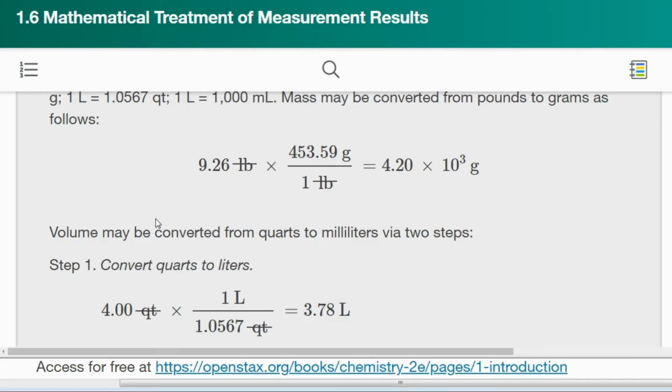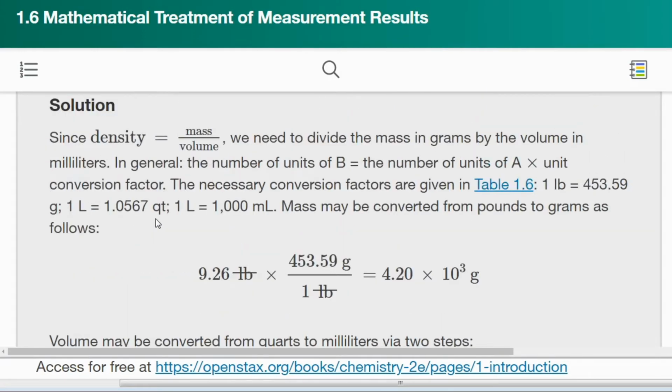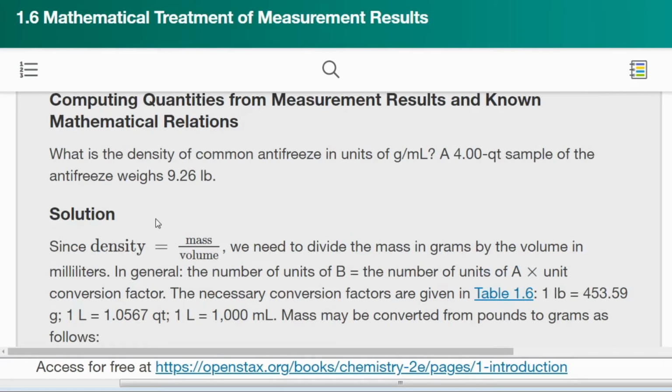Let's look back at the original problem, because they're throwing all these numbers and it's easy to lose track of what we're actually trying to do. What we do is convert the 4 quarts into liters, and then we convert pounds into grams.